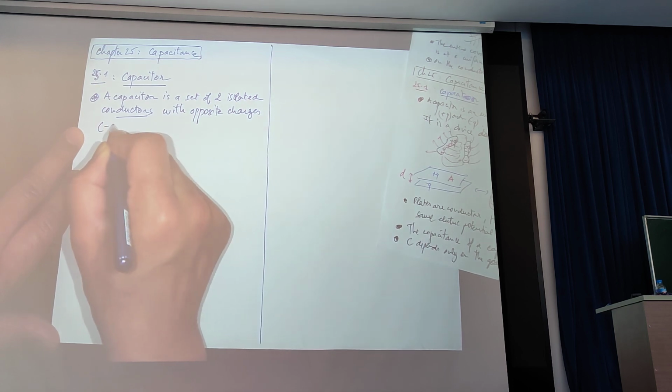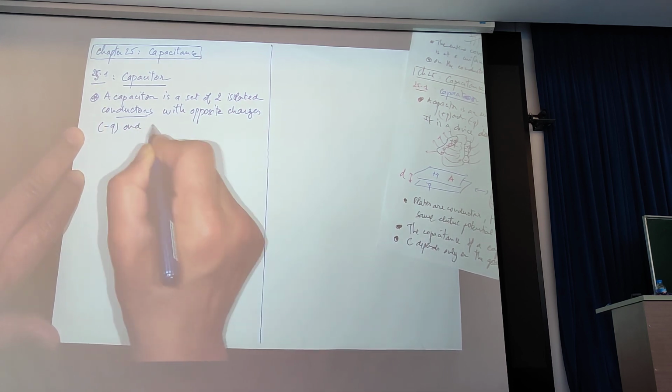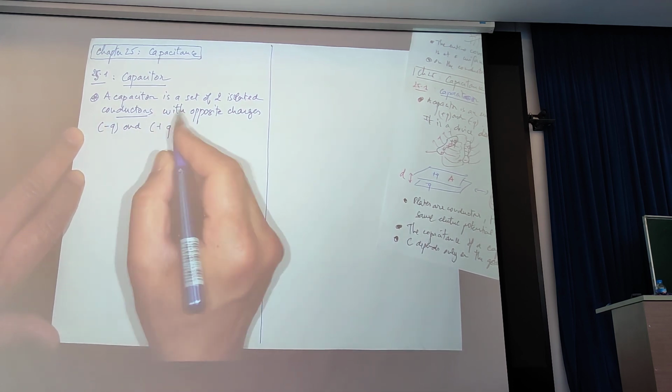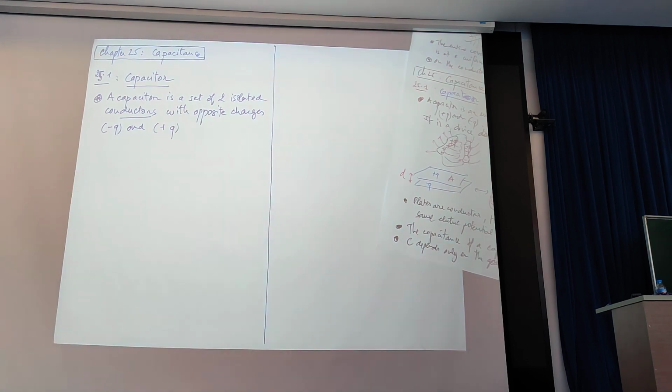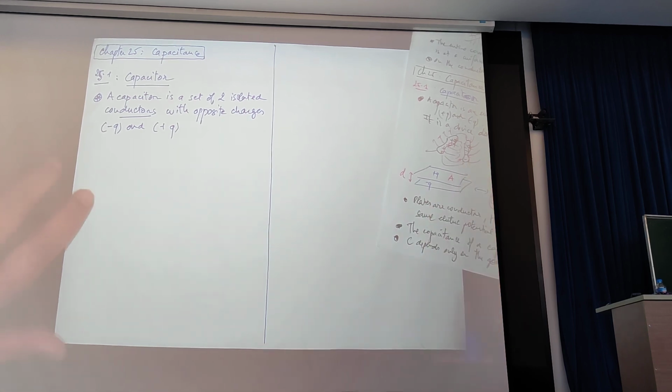So plus Q and minus Q. Okay? So a capacitor is basically a device to store some electric energy.